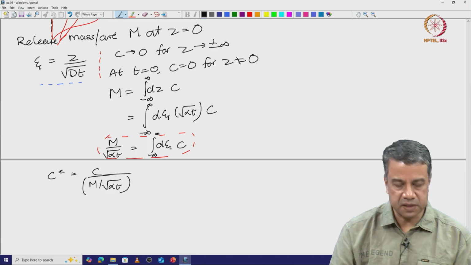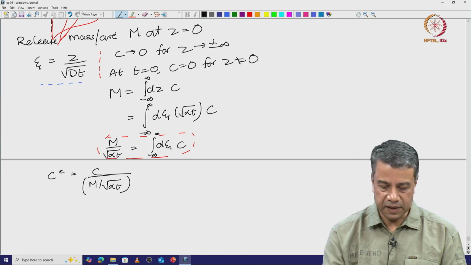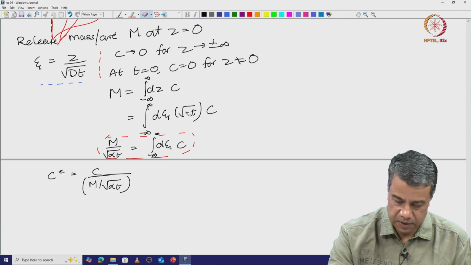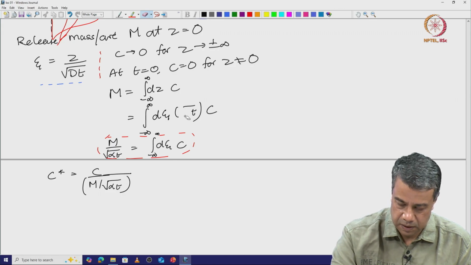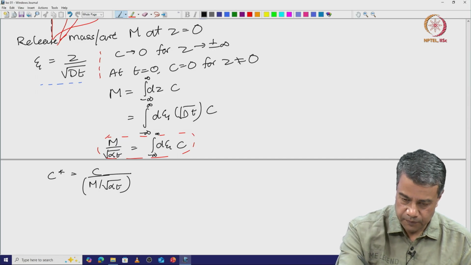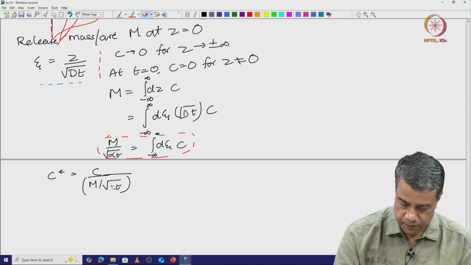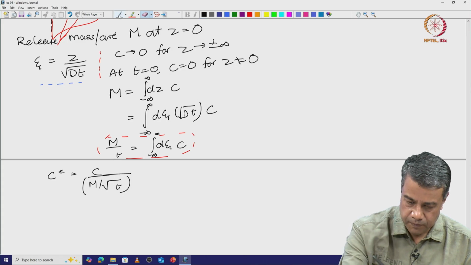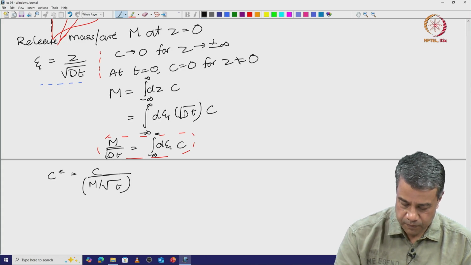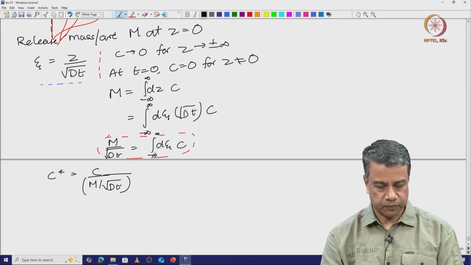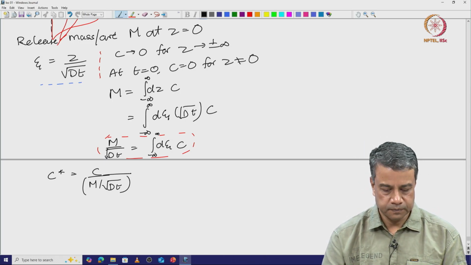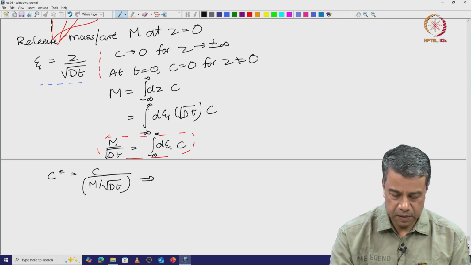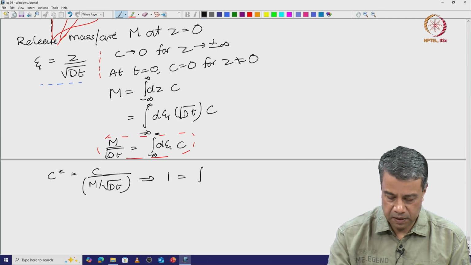M is mass per unit area, root alpha root dt. I am sorry, this is a mass diffusion equation, so I should write this as dt. That will give me 1 is equal to integral minus infinity to infinity d psi times C star.